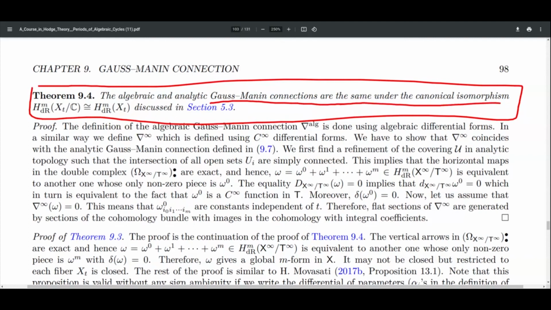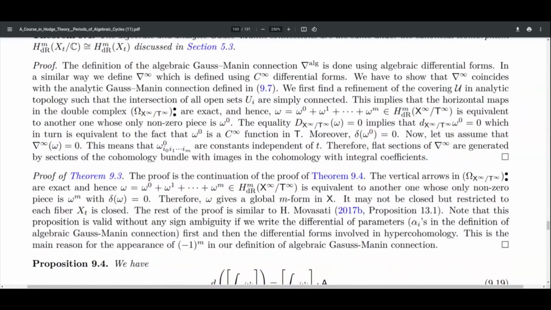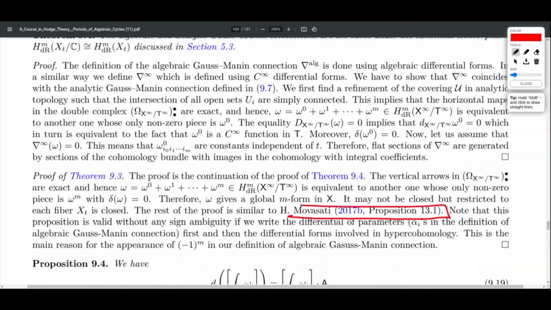And one important part of the proof is this Proposition 3.1 in my book, which is basically the same equality that we wrote in the framework of affine varieties.